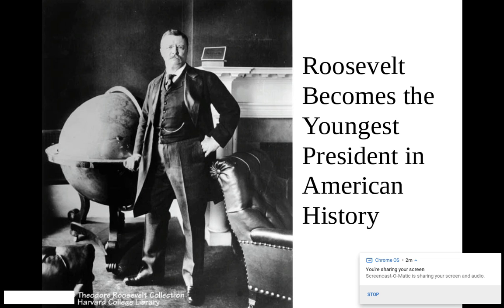When we talk about the progressive era, it's really important. And it does make me wonder, as we get ready for this AP exam, if we might see a question on the progressive era. It's such an interesting period because when we look at the period before the progressive era and then the period after, we can really see that the progressive era is a turning point in almost every way you can think of.